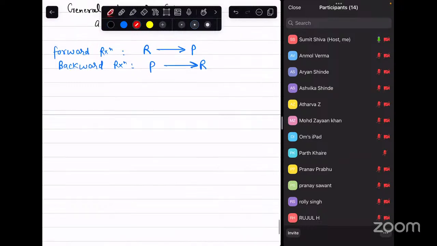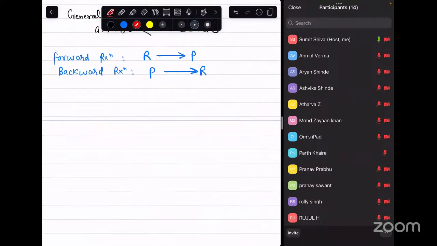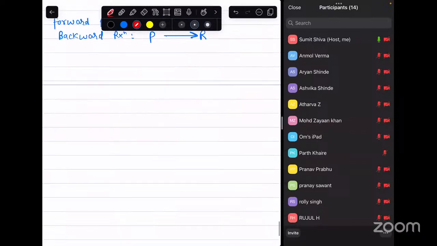To understand the speed of forward reaction, or the rate of forward reaction, we first of all take a concept which is known as the law of mass action. It states that the rate of a chemical reaction is directly proportional to the active mass of the reactant, or the product if it is a backward reaction.